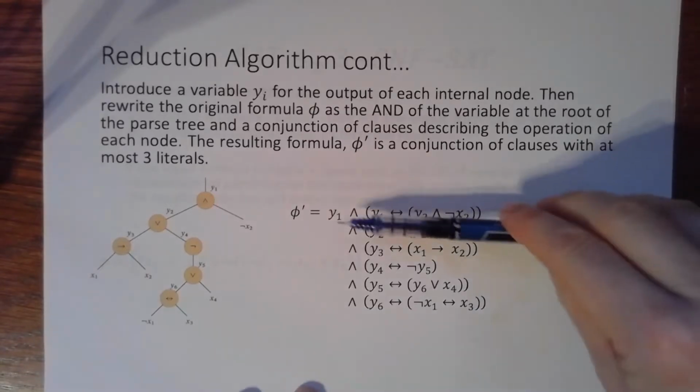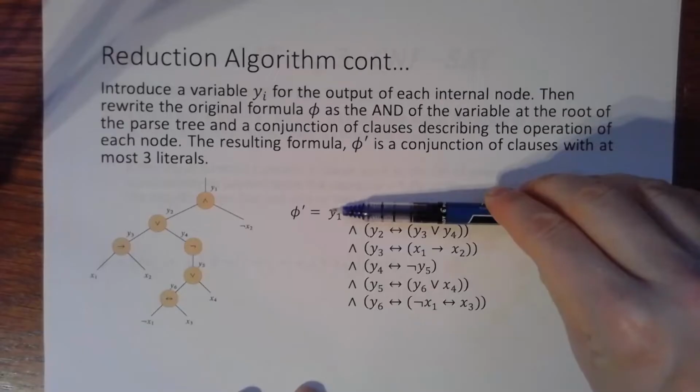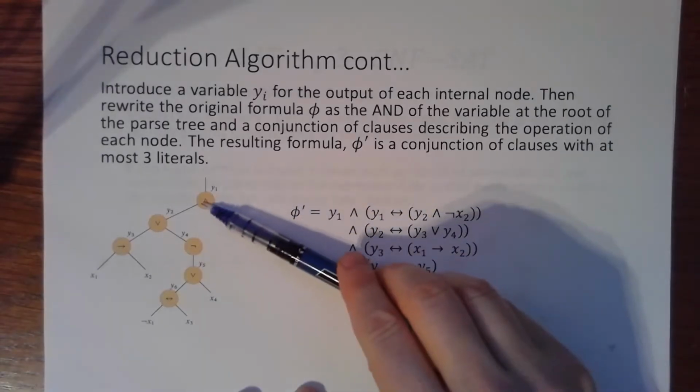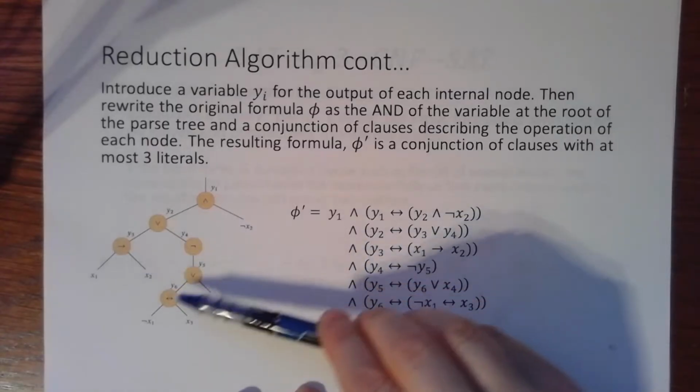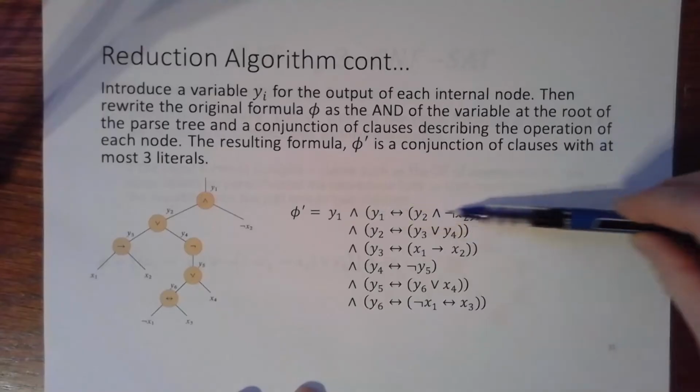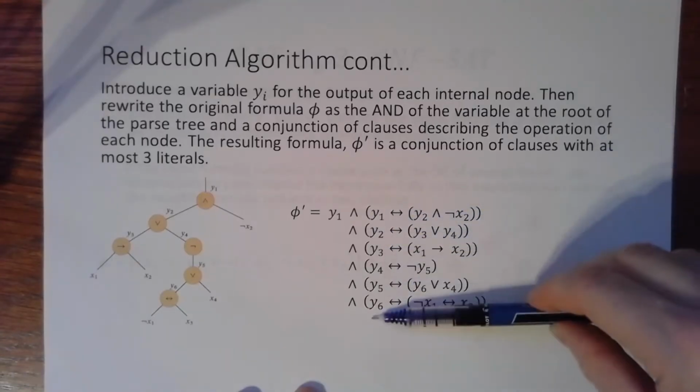So again, this is expressing that the output is 1, and these are all expressing that the different operators do the function that they're expected to do.